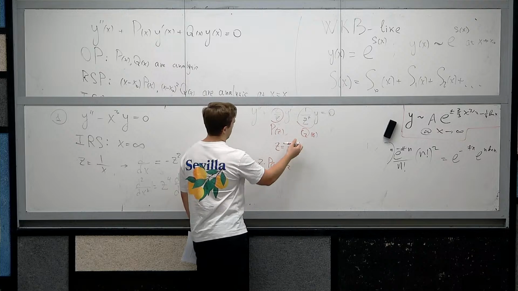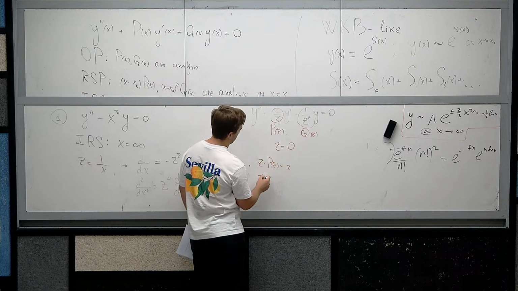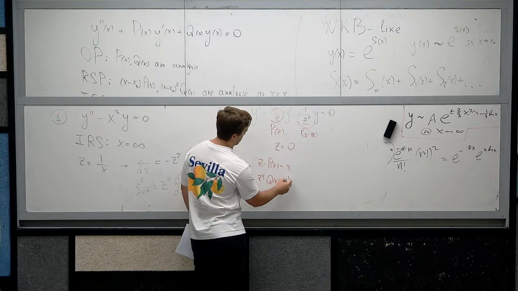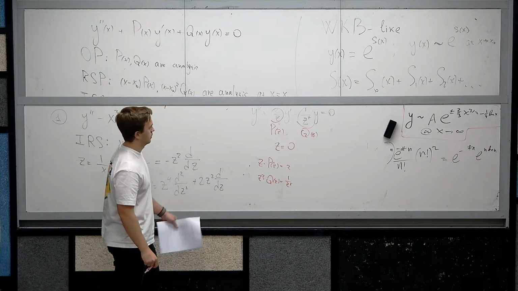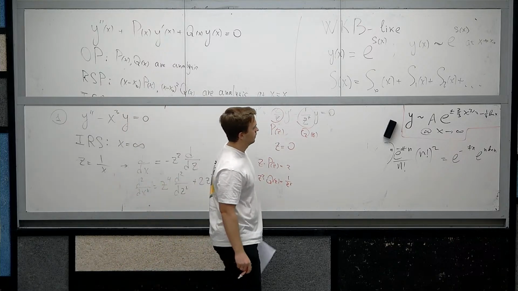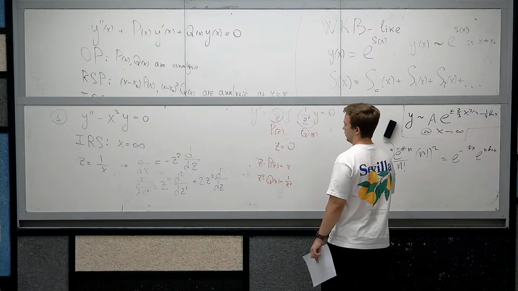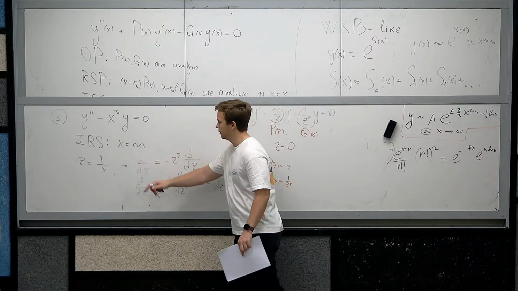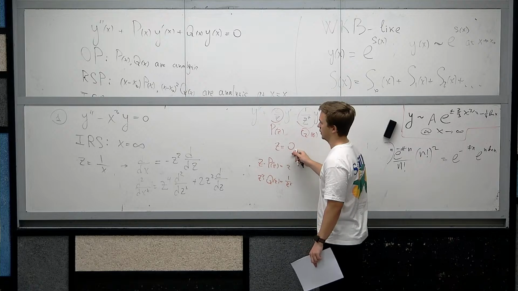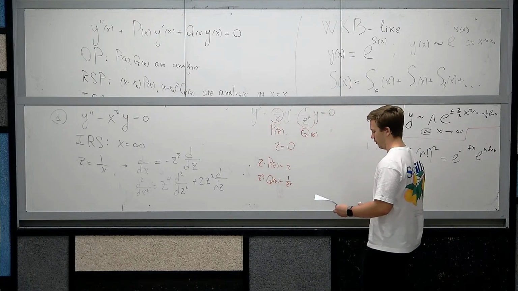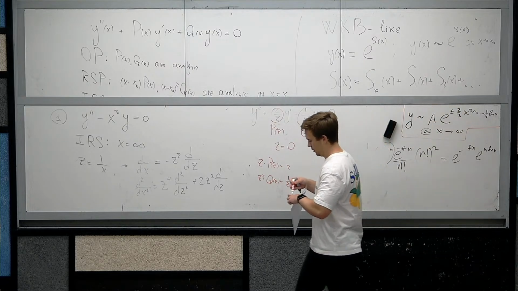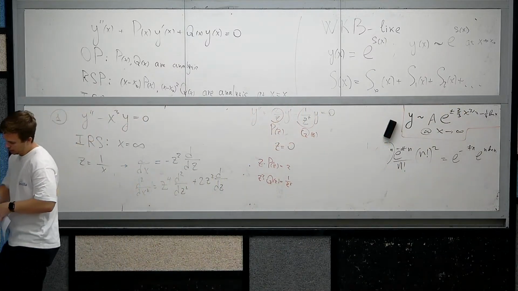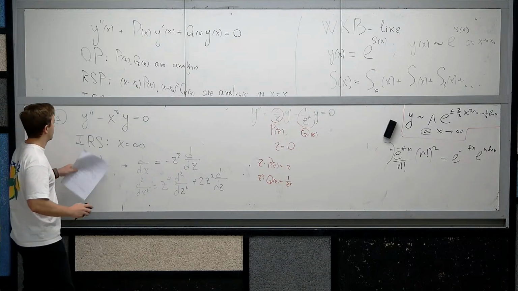But this one, even after multiplication by z squared, is obviously singular at this point. So therefore, x equals infinity or z equals 0 is an irregular singular point. Okay, now let's actually start to solve this problem.